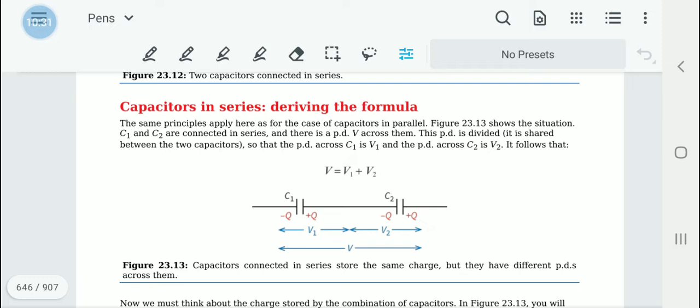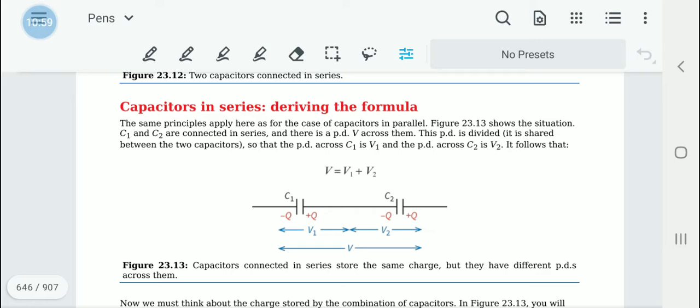Leave a line and write: when the capacitors are connected in series, the voltage across both of them, if it is V, would be shared between the two as V1 and V2.